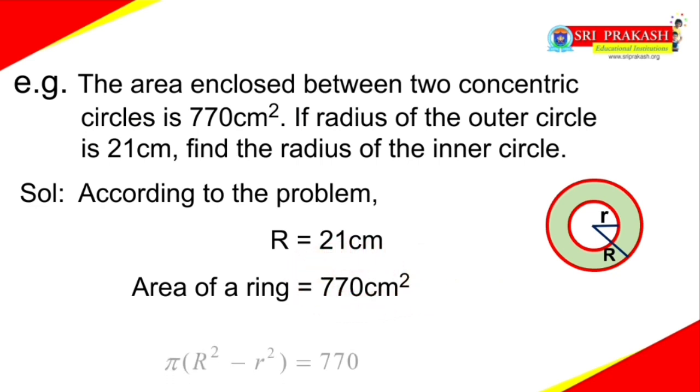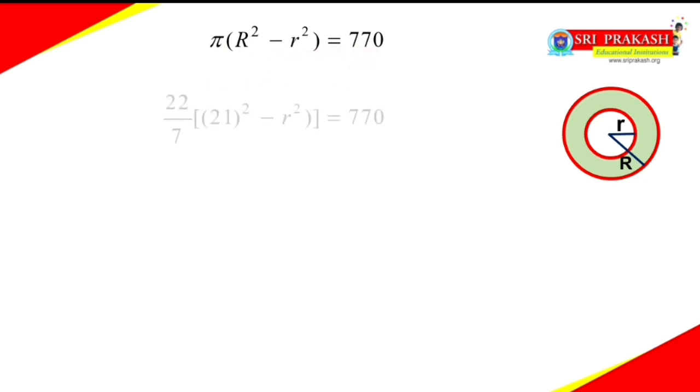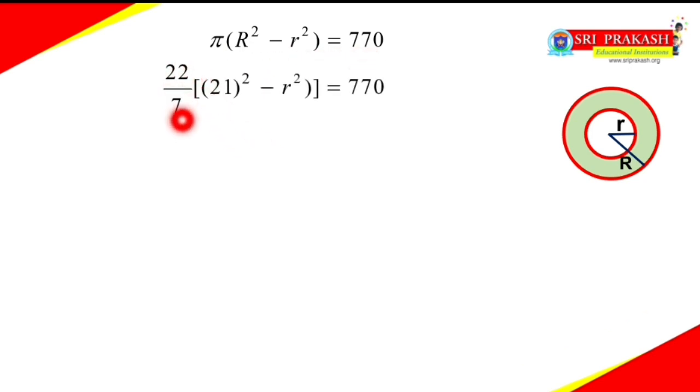Then we get pi into capital R square minus small r square is equal to 770. Next, now let us substitute the values of pi and capital R in this equation. Then we get 22 by 7 into 21 square minus small r square is equal to 770.